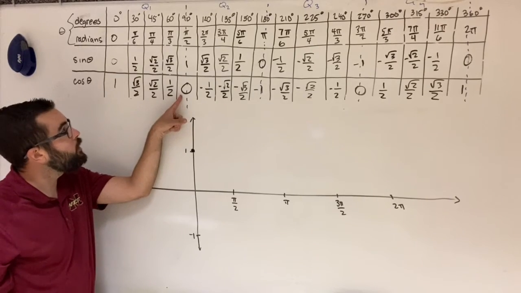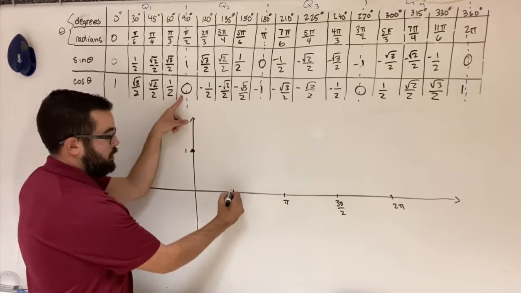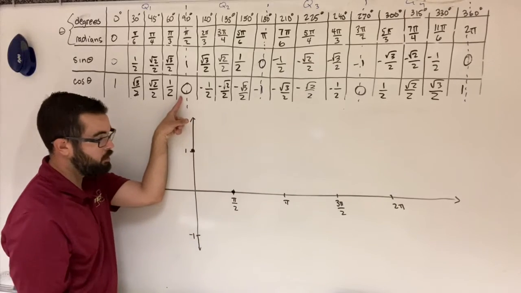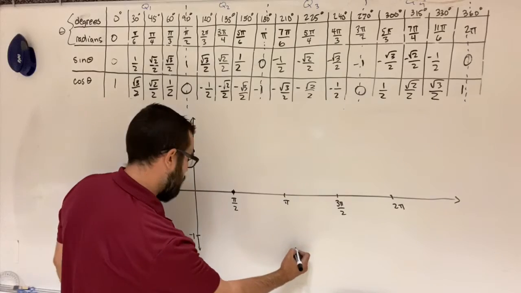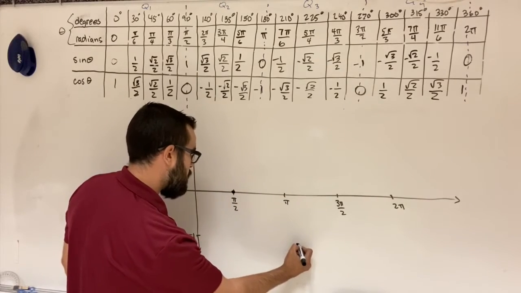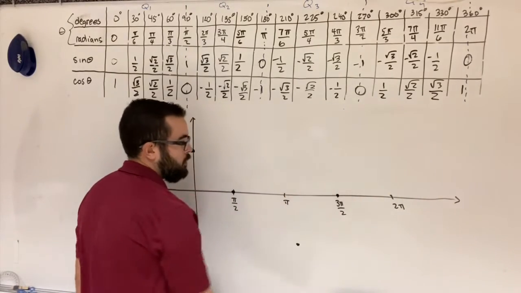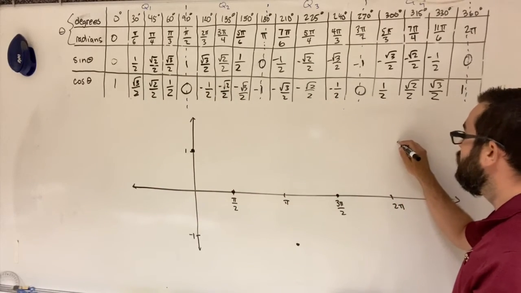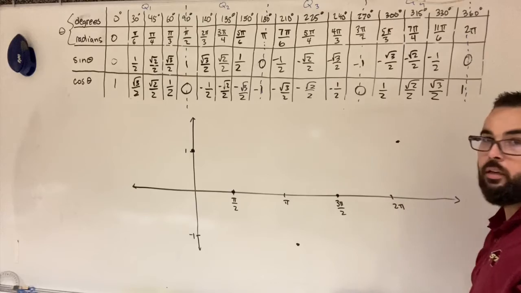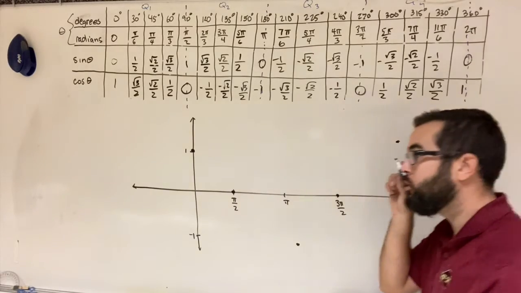Then the next critical value at pi over 2, the y value is 0. And then at pi, it's -1. 3 pi over 2, 0. And then at 2 pi, it's back to 1. So I connect those dots with a curve.